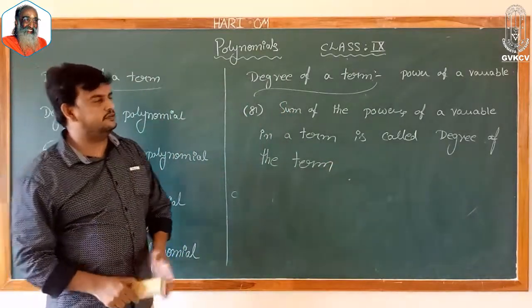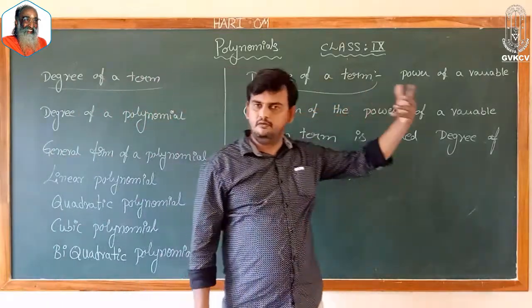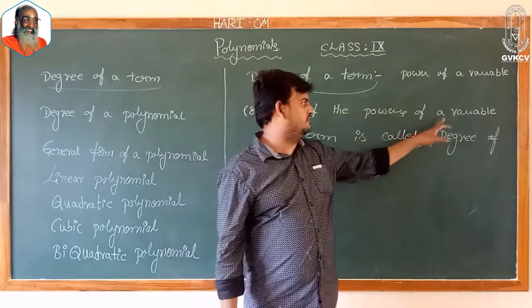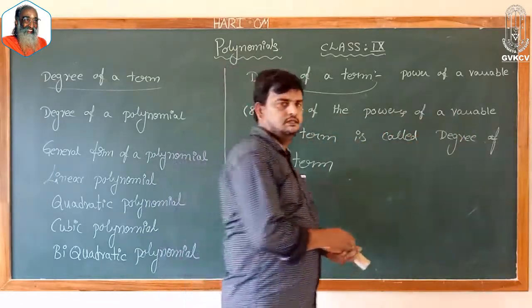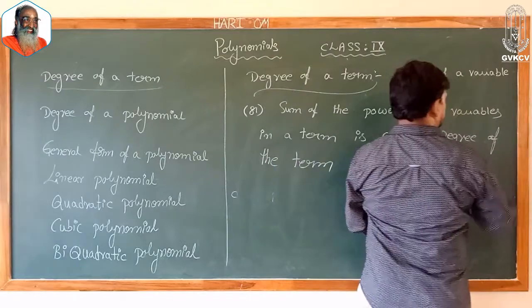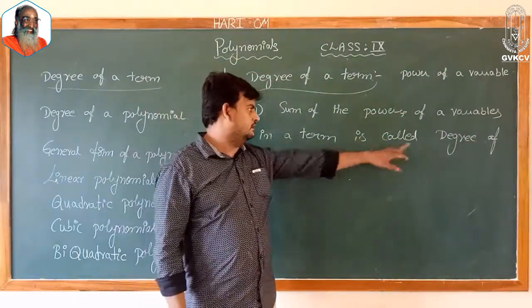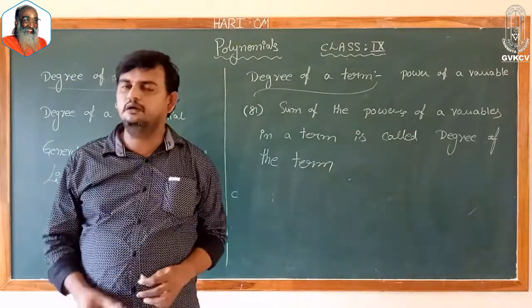So what is the degree of a term? Power of a variable or sum of the powers of the variables. Sum of the powers of the variables in a term is called the degree of a term.